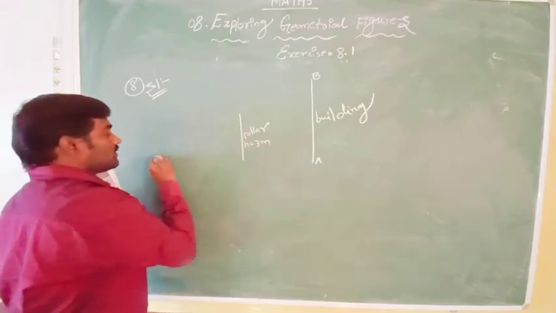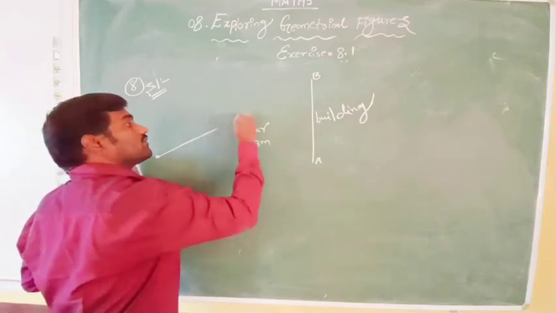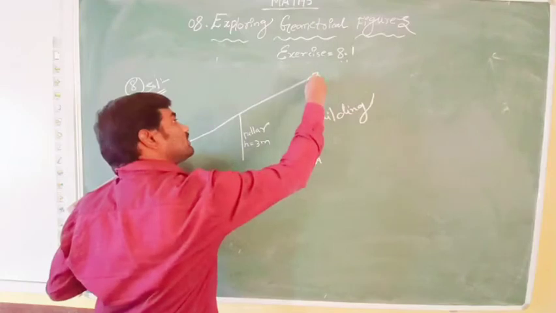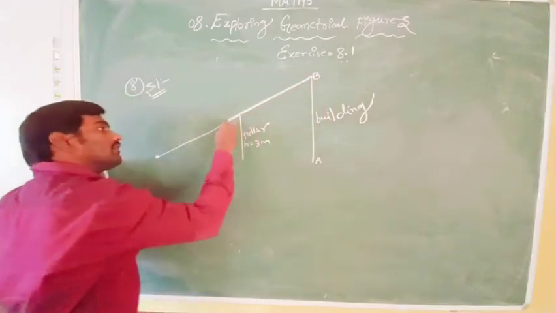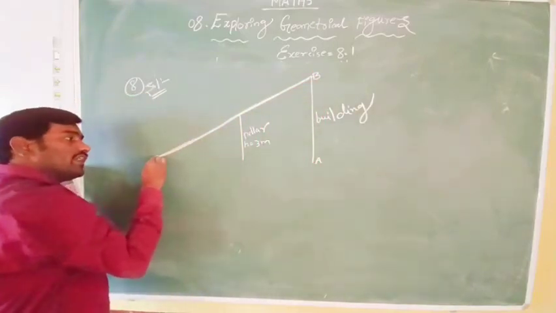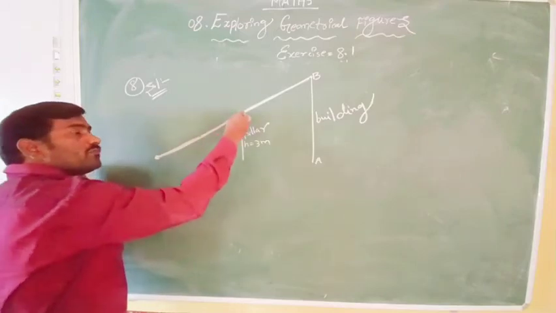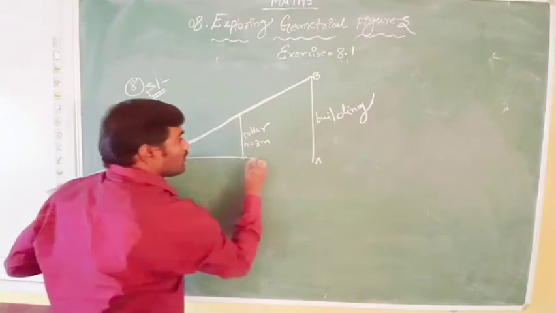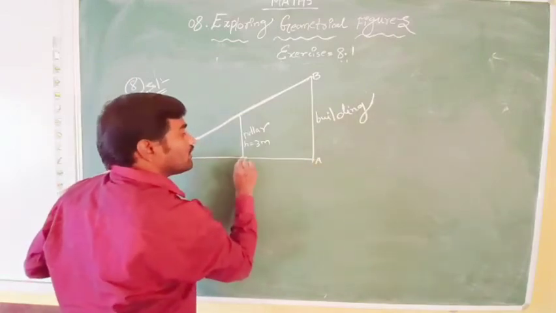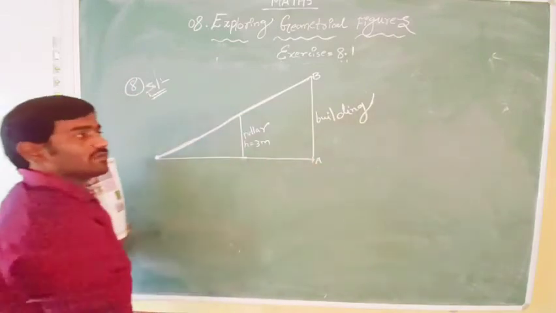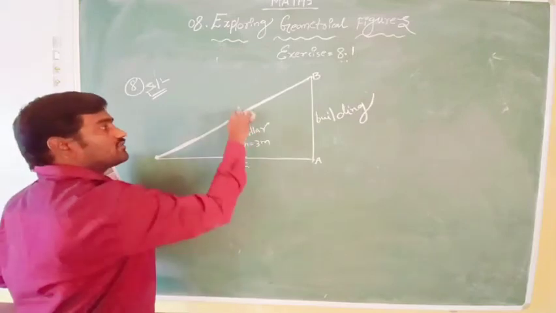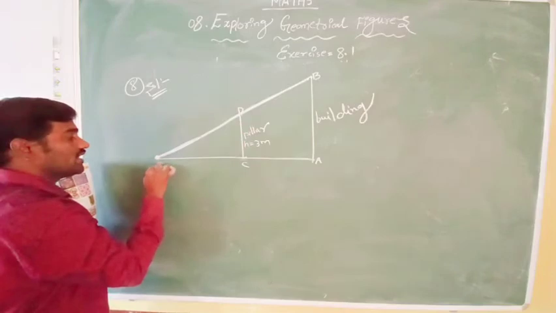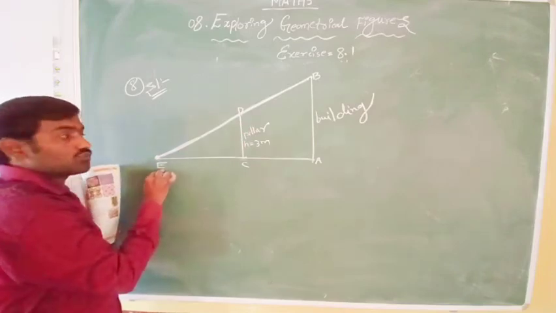She is observing from the top of the pillar to the top of the building, and from the bottom of the pillar to the bottom of the building. So AB is the building, and this we give as CD. Here CD is nothing but the pillar, and E is the position of Sudha.